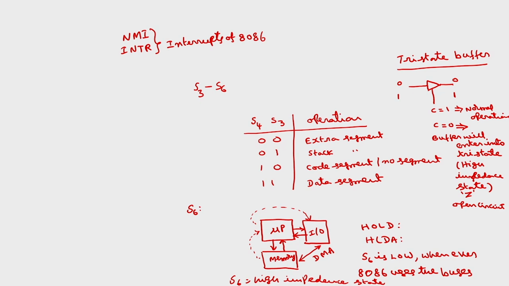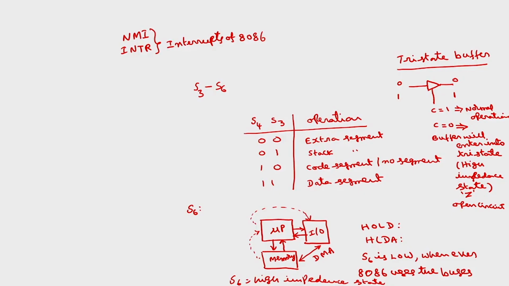If it is not in high impedance state, even at logic 0 it will draw some current from the gate connected to the output of this buffer. If it is in high impedance state, it is almost an open circuit and will not draw any current, so it will not load the device connected to the output of the buffer. That is what is meant by high impedance state.